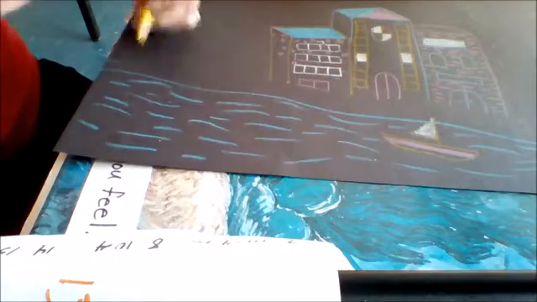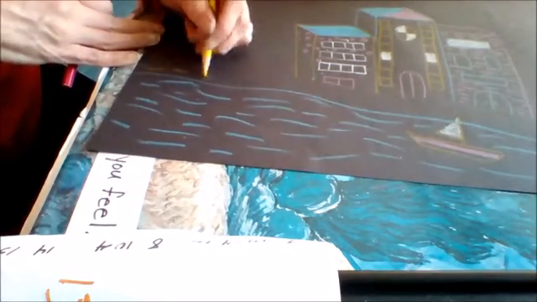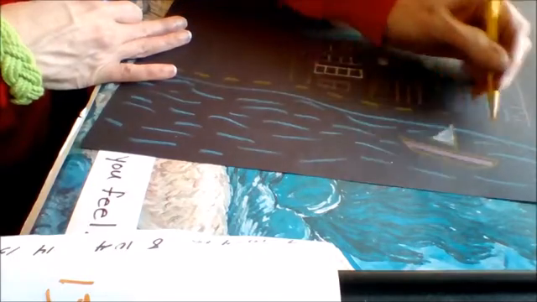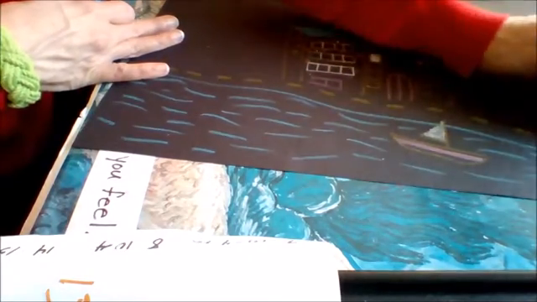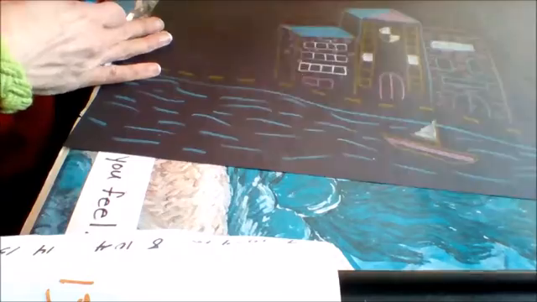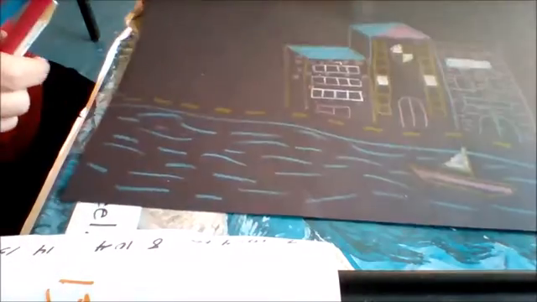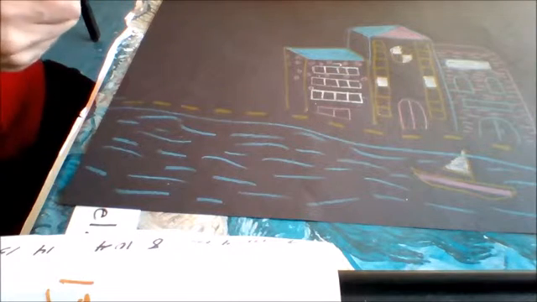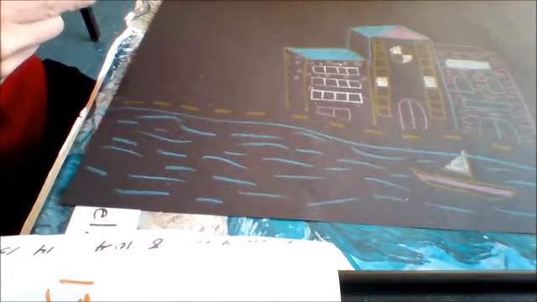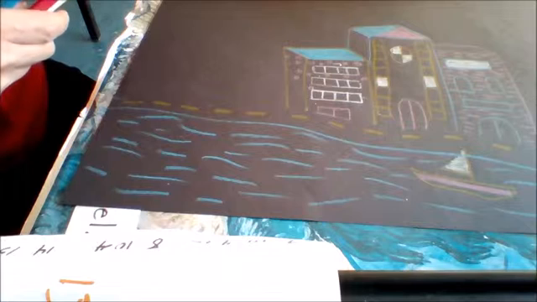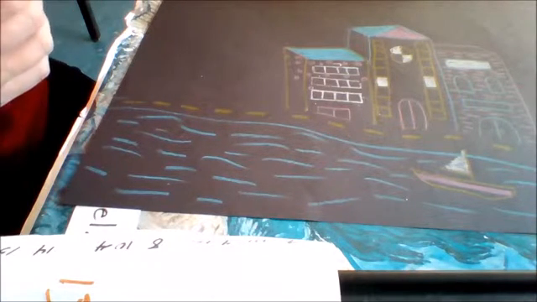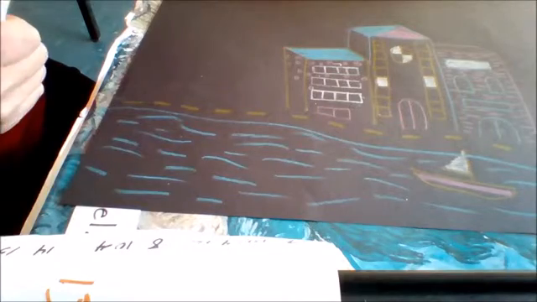Maybe you want this to be the road, so maybe you want stripes on your road for cars. You can draw some cars if you want on the road. Let's think, maybe you want a bridge, or maybe you want a place where people can, just like a walkway. Maybe you want an arch.